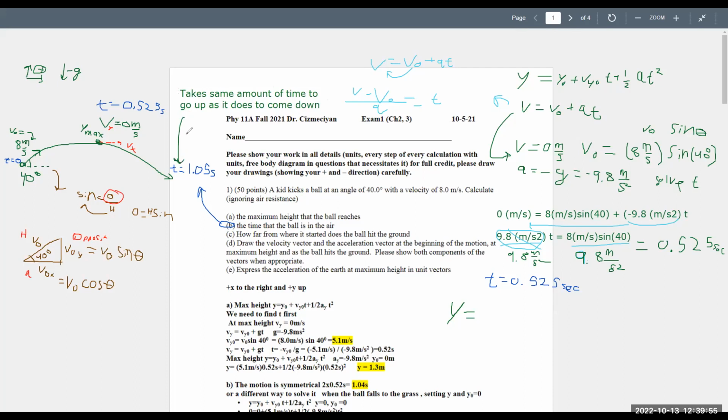So that means that T final, we'll do T top here, equals 2 times T top. Anyway, back to our problem.